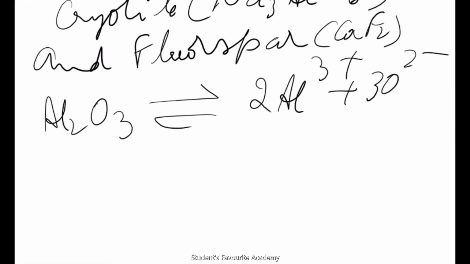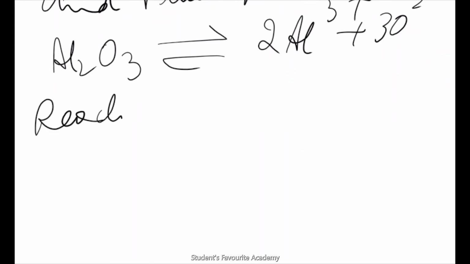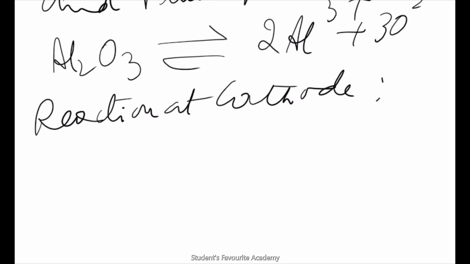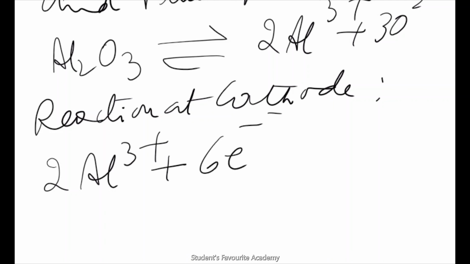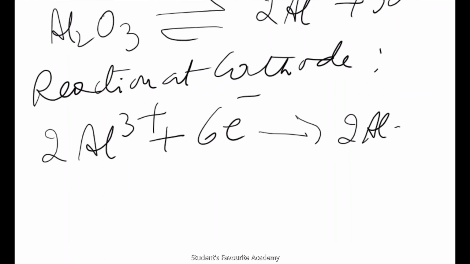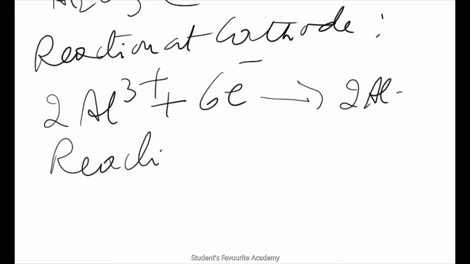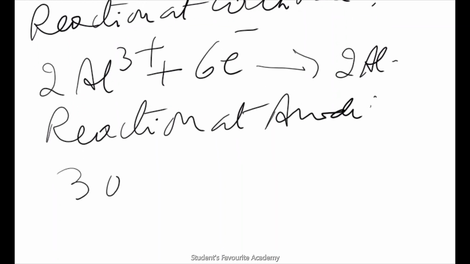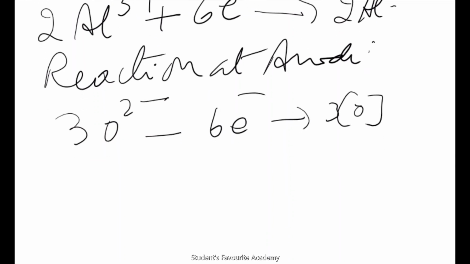Then the reaction at the cathode is 2Al3+ plus 6 electrons forms two neutral aluminium atoms, and the reaction at the anode: 3O2- loses 6 electrons forming 3 neutral oxygen atoms.